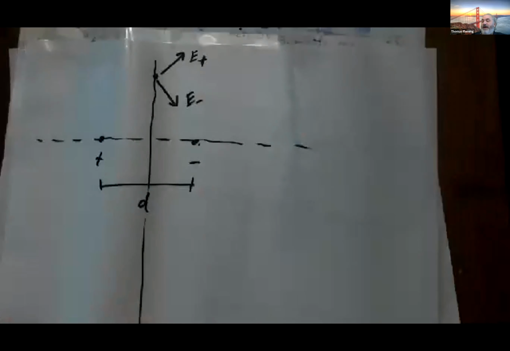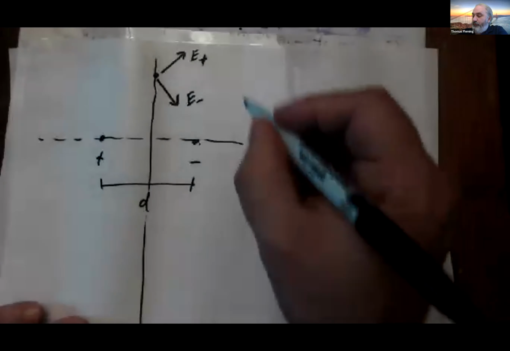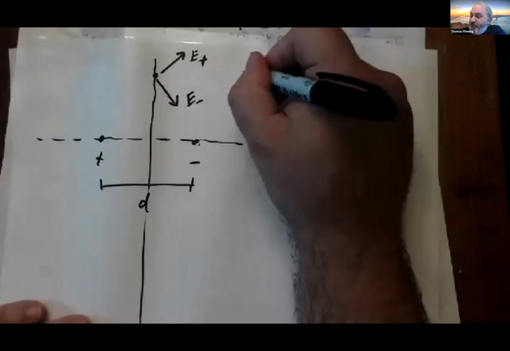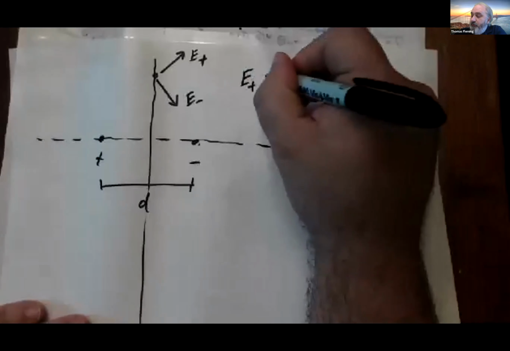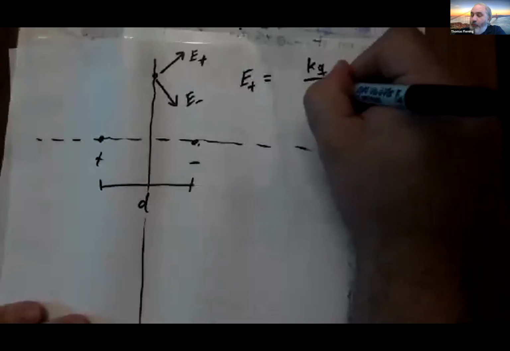And so what I'd have to do is add both of these electric fields together. And of course, when you add vectors together that are not collinear, you have to break them into components. So I'd have to split E plus and E minus into components. So first, let's find the magnitude of those. To find the magnitude of E plus, that's going to be KQ over R squared.